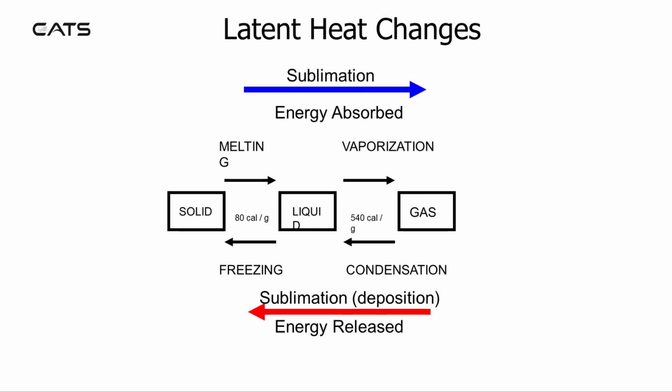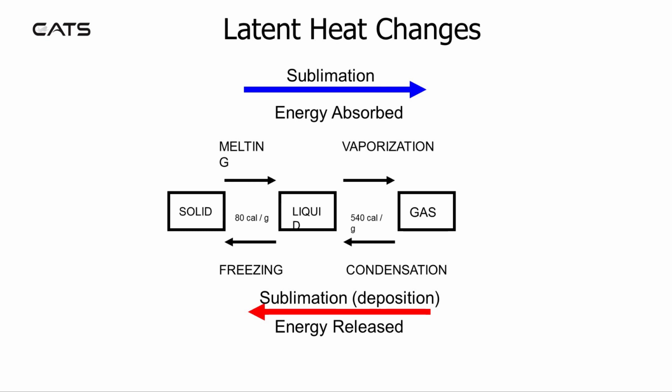As a gas changes state back to a liquid, this is called condensation, and 540 calories per gram is released. As a liquid changes state to a solid, 80 calories per gram of heat is released in a freezing process.